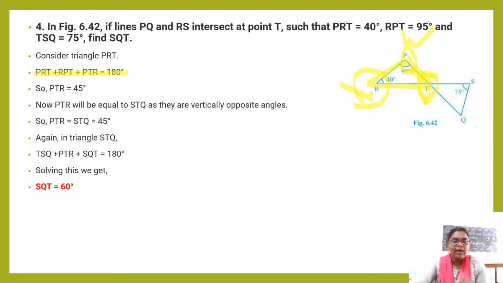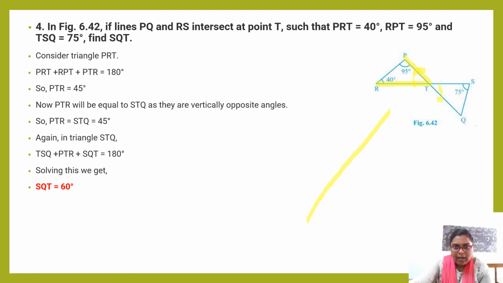Okay? So we are getting 45 degrees as your PTR. Now, I am going to tell that this PTR is equal to STQ. Where is the PTR? Yes, this PTR, particularly this angle, is equal to STQ here.